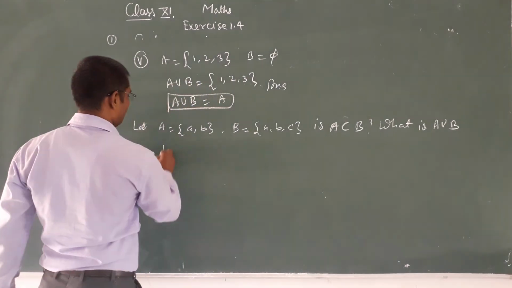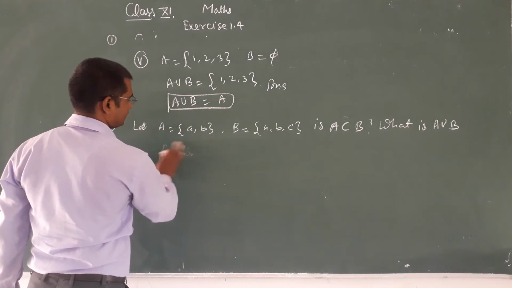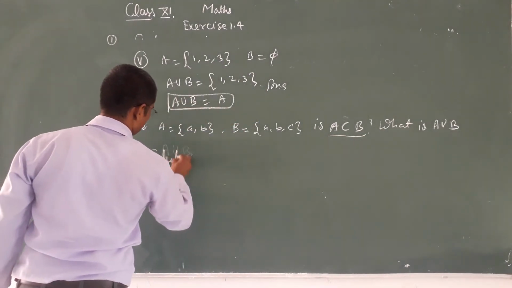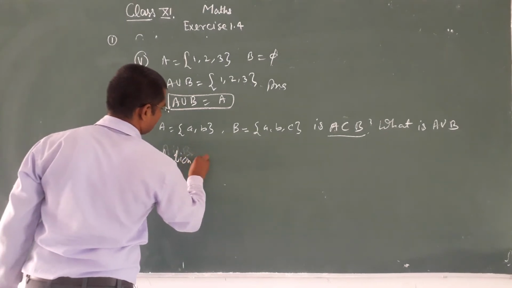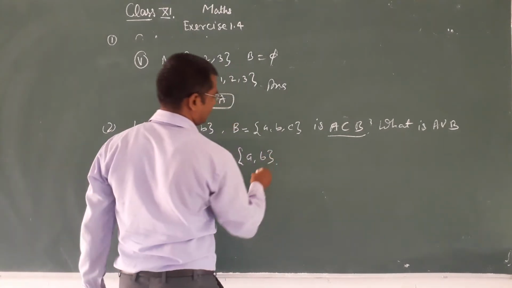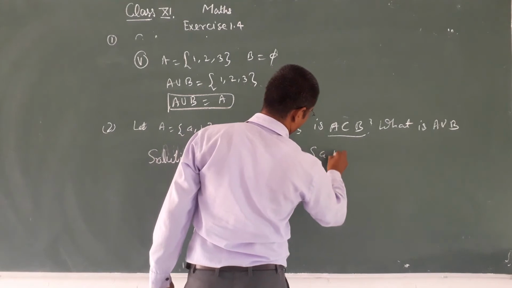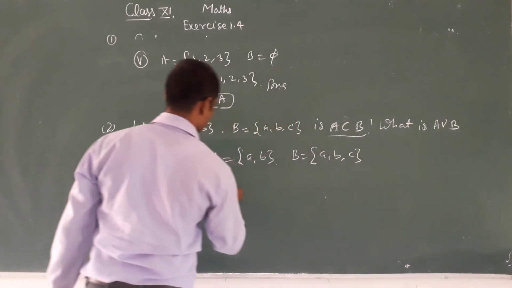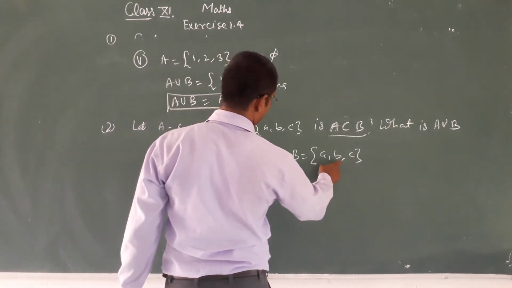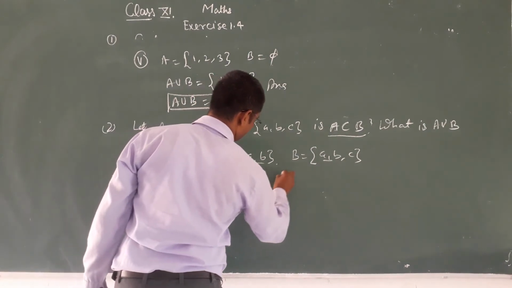So the solution: set A is equal to {a, b} and set B is {a, b, c}. So all elements of set A exist in set B. So A is a subset of B. So yes.